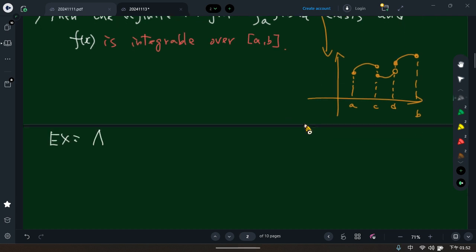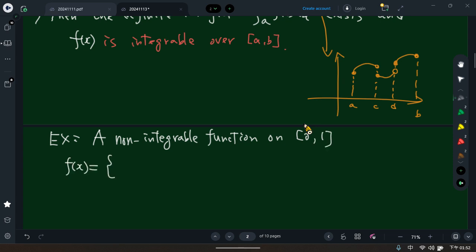For example, a non-integrable function on 0 to 1: f of x equals 1 if x is rational, and f of x equals 0 if x is irrational.